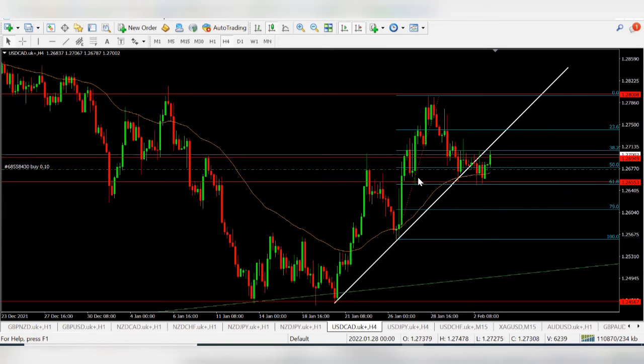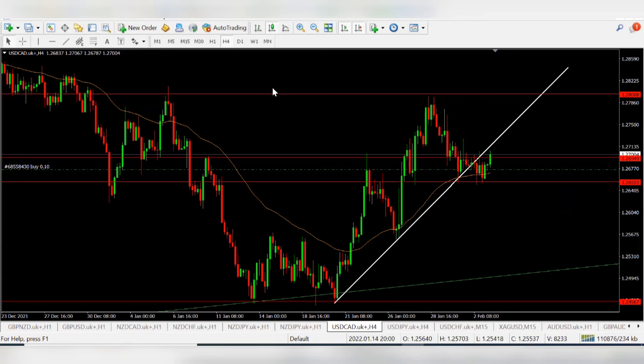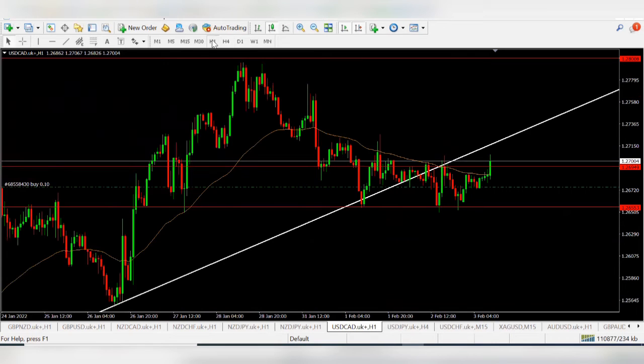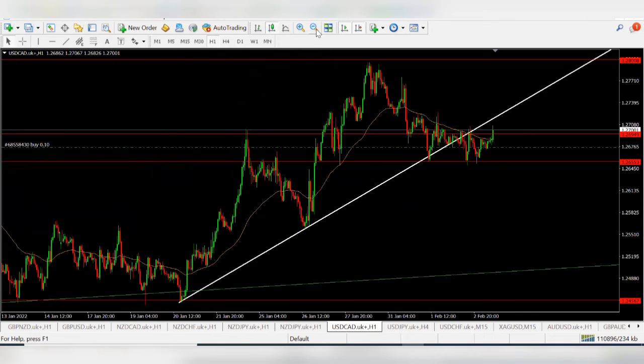Let's see what's happening on the 1-hour time frame, which is actually where I took this trade from. Normally, I would take my trade entries from the 4-hour or the 1-hour time frame. On the 1-hour, we have the situation right there.